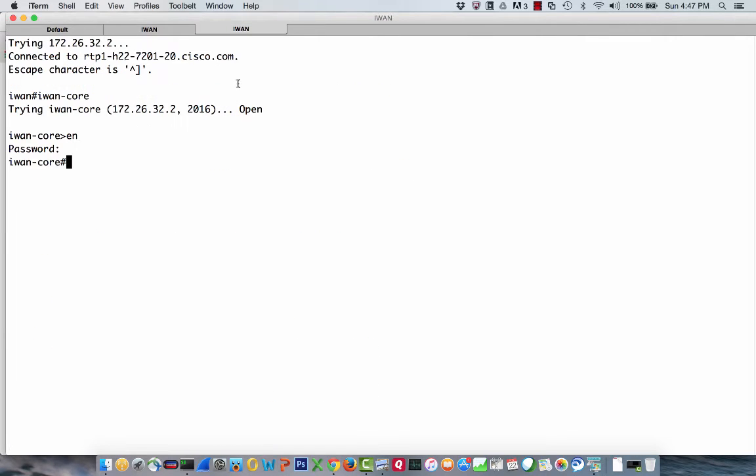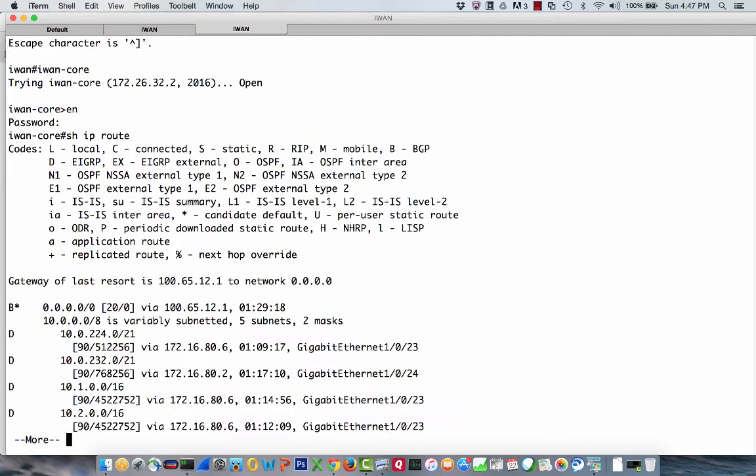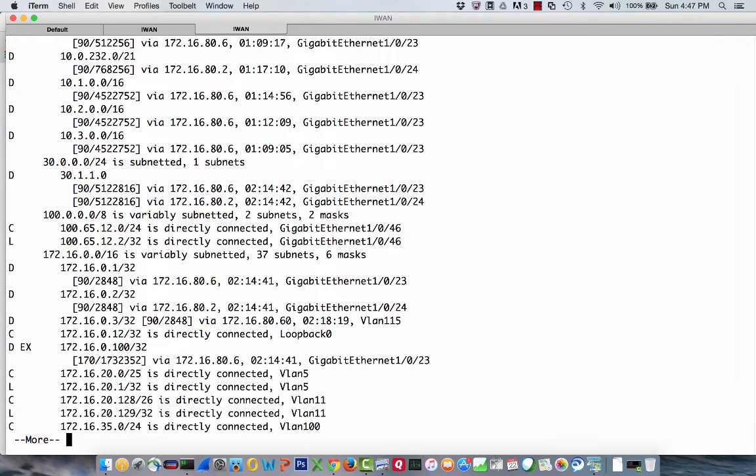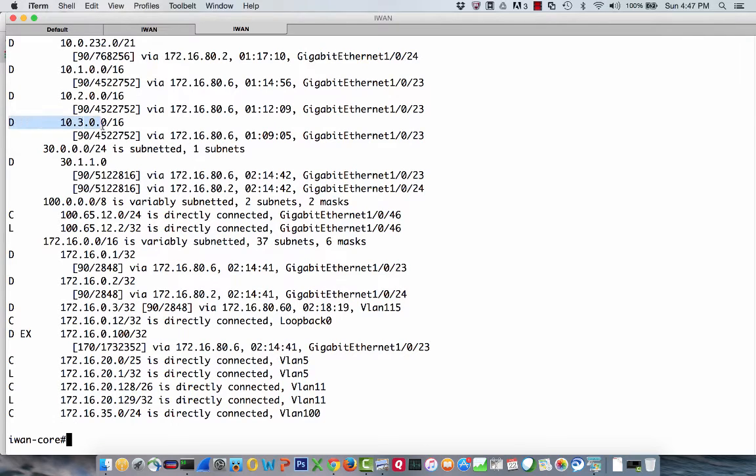If we go up to the core router and we look at how we get to 10.3, we can see up on the core router right here that if we want to get to 10.3, we are supposed to go to gigabit 1023.